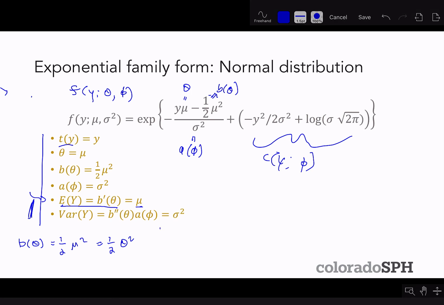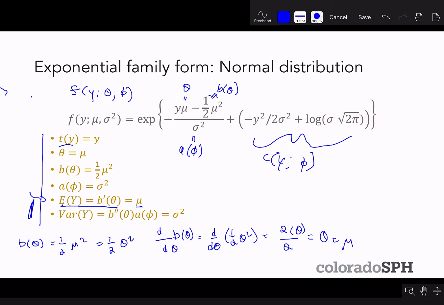So the derivative of b of theta with respect to theta is d over d theta of 1/2 theta squared, which is equal to 2 times theta over 2 equals theta. And that checks out, which is equal to mu.